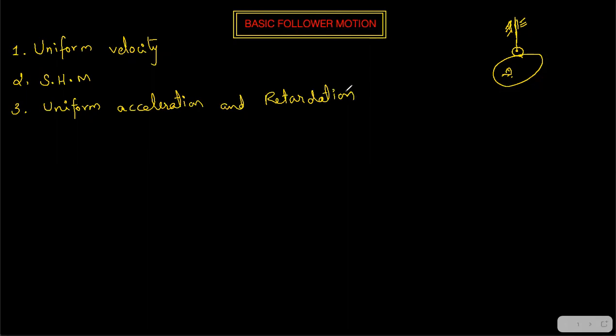Retardation or deceleration also, you can call it uniform acceleration and retardation motion, or uniform acceleration deceleration motion. And the fourth one is cycloidal motion. So depending on your requirement, only after studying all these motions, we can decide what type of motion is most desirable for your design. Either uniform velocity or simple harmonic or uniform acceleration retardation or cycloidal motion.